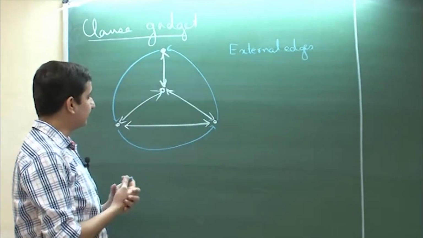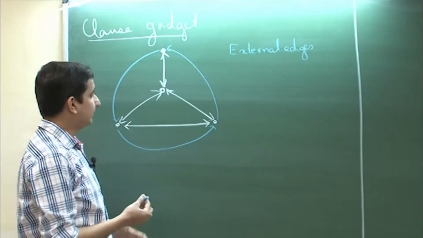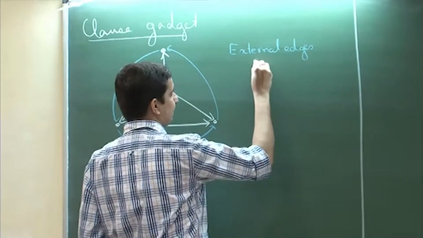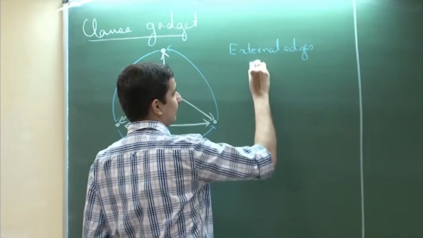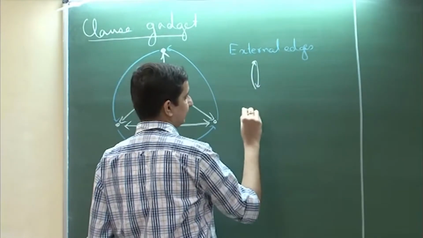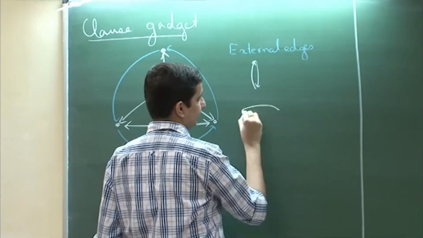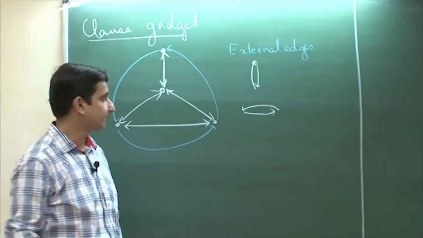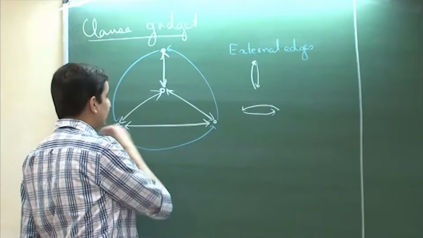So, suppose none of the external edges are taken, then we have the cycle cover by taking this pair and this pair of edges, right. So, this is for none of the things.